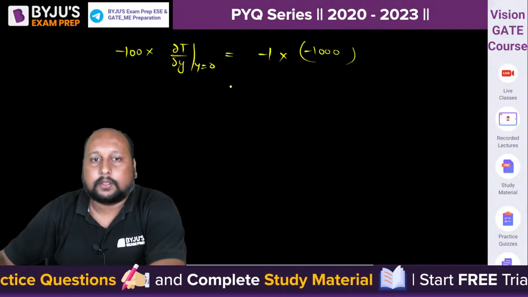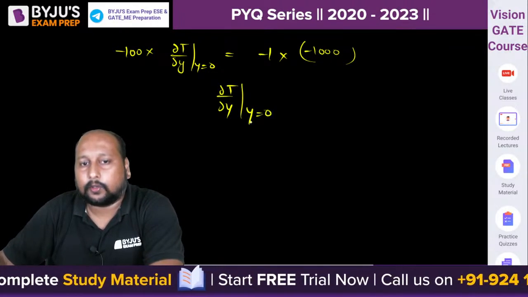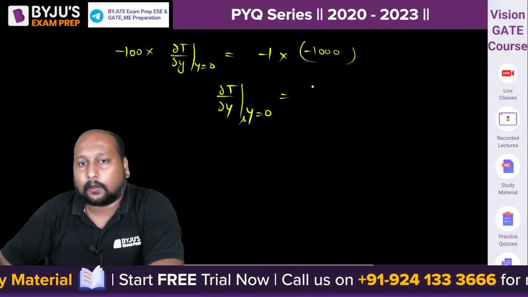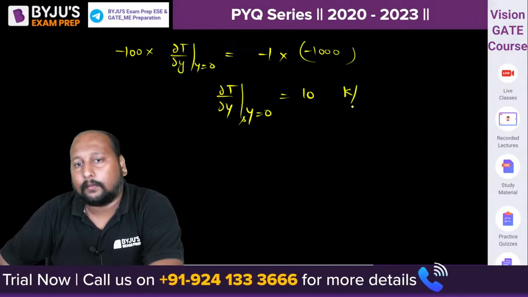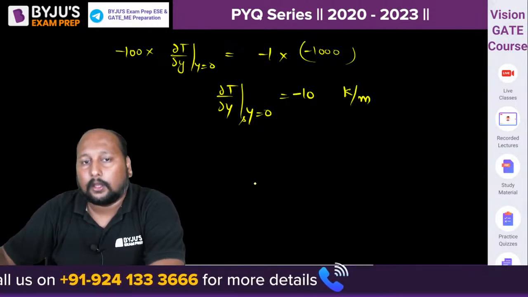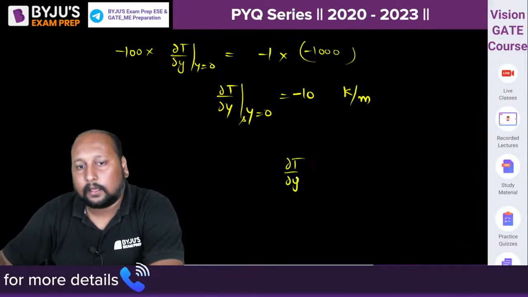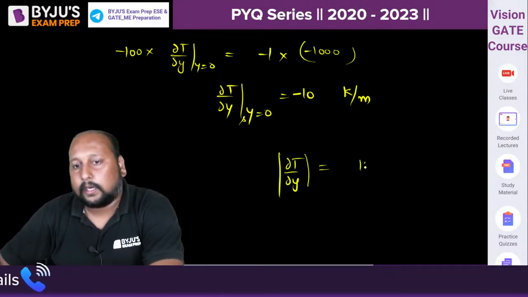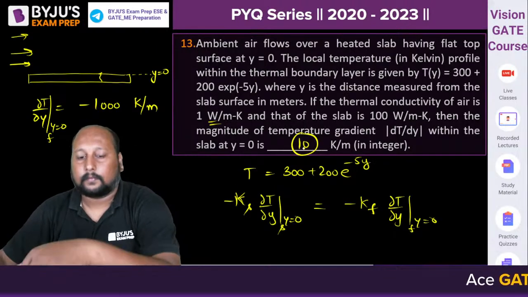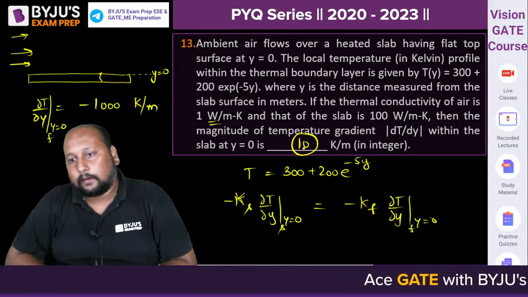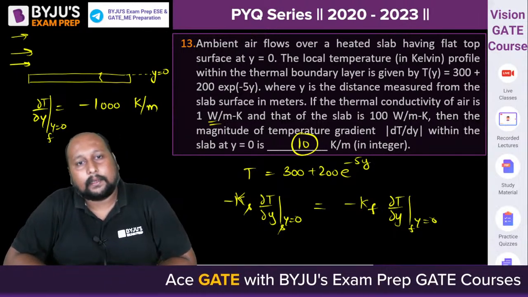So del T by del Y at Y equal to 0 for the slab is equal to plus 10 Kelvin per meter. Okay, minus 10. They are asking you the magnitude. So we can say del T by del Y, the magnitude will be only 10 Kelvin per meter. Answer is 10. Clear? Done. Answer is 10.